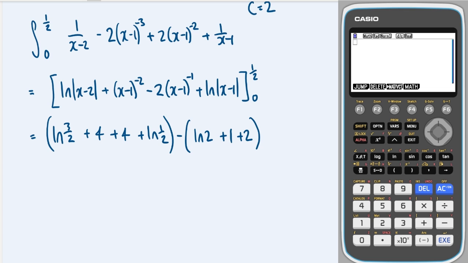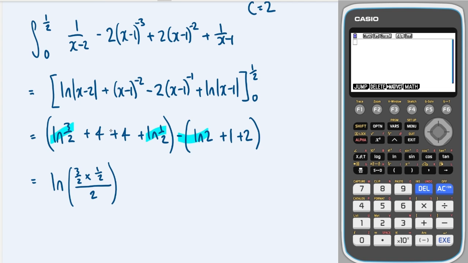Okay, let's look at all the lns first. We've got positive, positive, and a negative. So this is the same as ln of 3 over 2 times 1 over 2 over 2. Positive ones go on top, negative goes on the bottom.